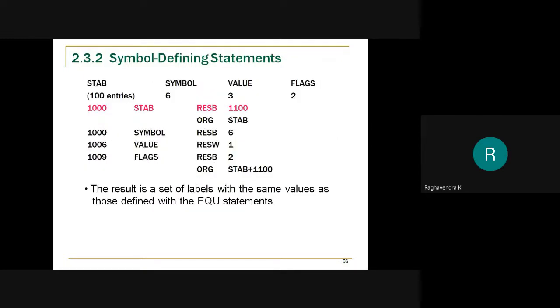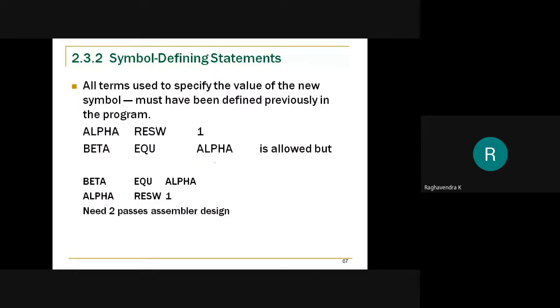Now, when you're using these two, you need to be careful. For example, check here, we have alpha defined as one of the variables, using reserve word 1. Now I can make another variable beta the same as alpha by using the equate assembler directive. This is fine.